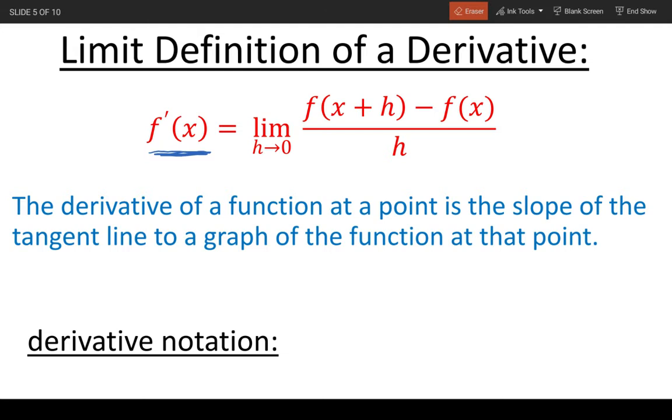I know that's kind of hard to make sense of, but think of derivative as two things. Derivative is the slope of a tangent line, and it's also an instantaneous rate of change. So if you can remember those two things, derivative is the slope of a tangent line, which also means it's an instantaneous rate of change. Those are our two main applications and the two definitions of what a derivative is.